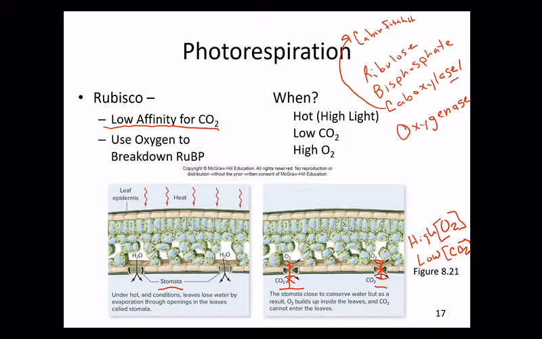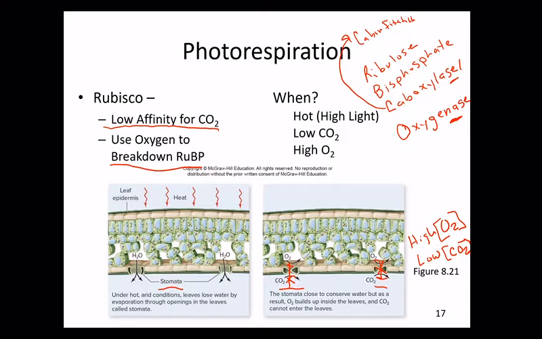Rubisco is going to go from carboxylase activity to oxygenase activity. Whereas the carboxylase activity uses the ribulose bisphosphate to fix carbon to it, the oxygen is actually going to break down ribulose bisphosphate.